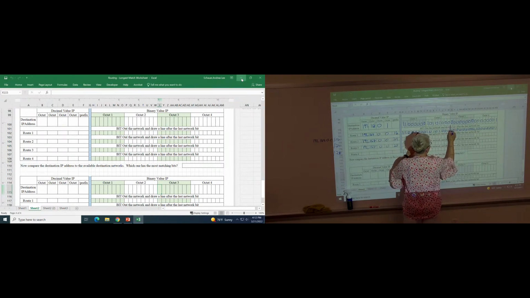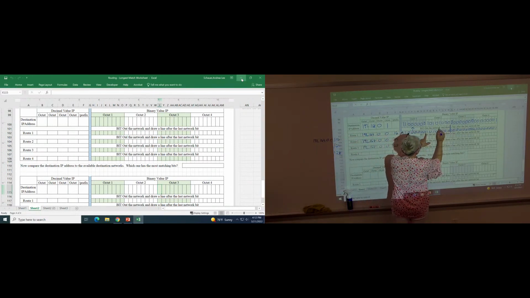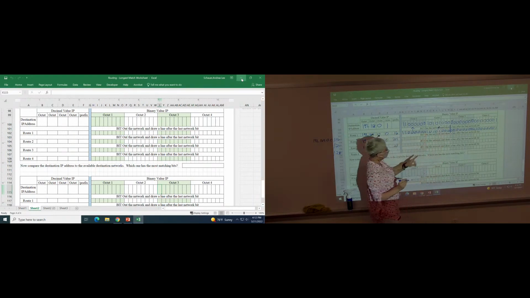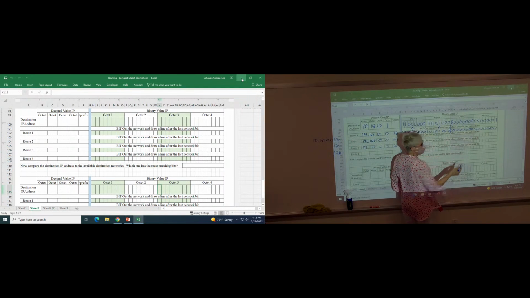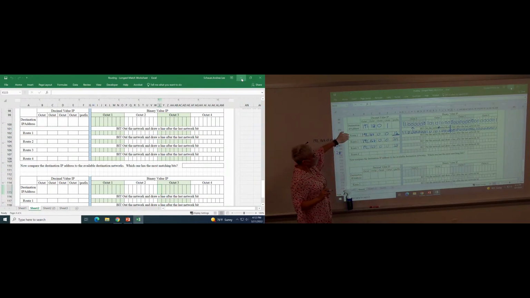Do we agree? Does this match? It does. Now what about octet number 2? Does that match? Yep. And do I even care about 3 and 4 at this point? I don't care about 3 and 4 because I can only look at 16 bits. So does this route work? Yes.